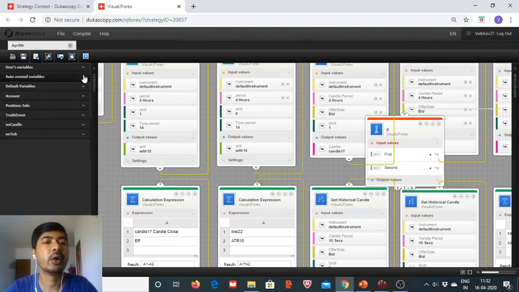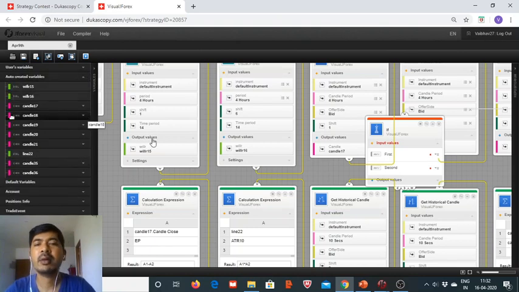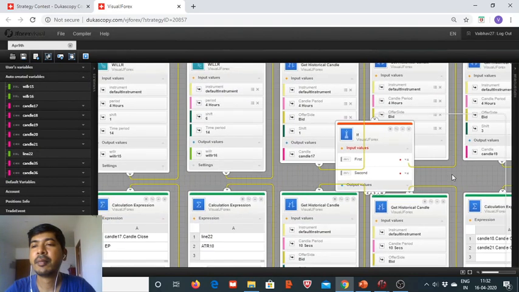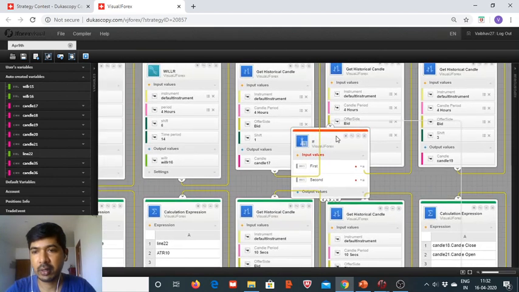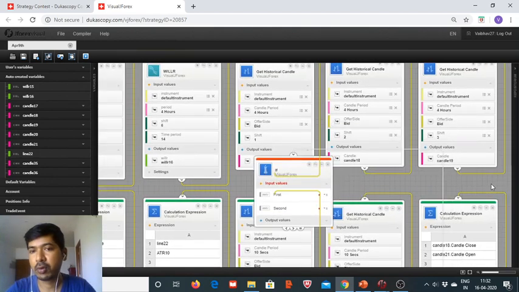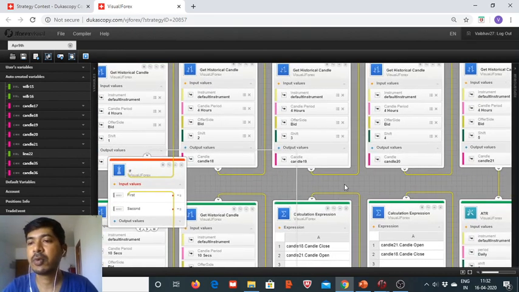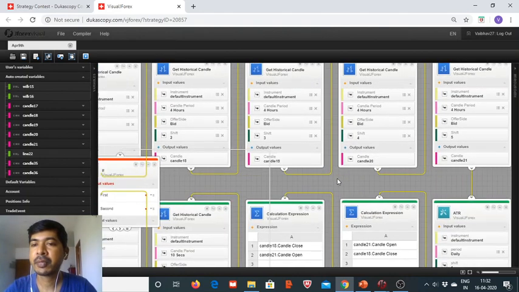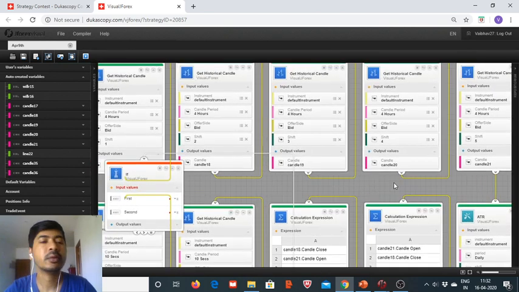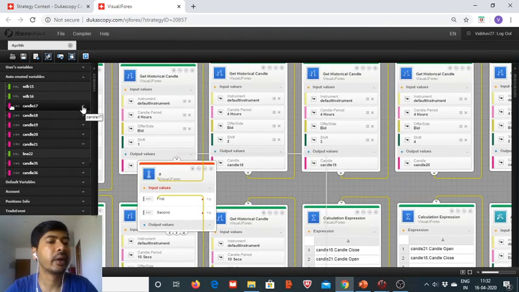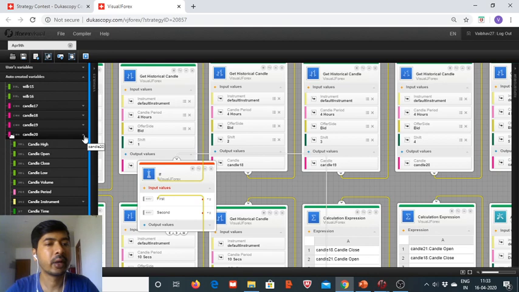No, we need auto created variables. 17, 18 and 19 we have done, so we go in for 20 and the 21st. So this is shift 4 and shift 5. And for a sale trade, we would need the candle 20 to have closed in green.